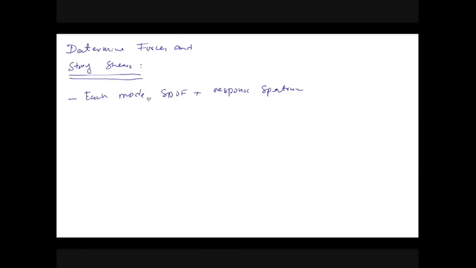The forces will be applied to the mass in each mode based upon the equation we write here.